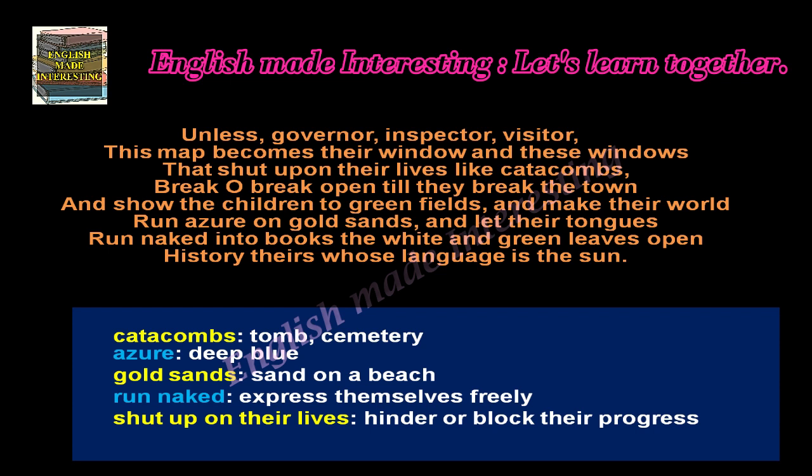That is, they should be allowed to make progress. They should be allowed to have quality education. The poet feels that education can help them immensely to a great extent because, according to him, history is written by those whose language has the warmth and energy of the sun.